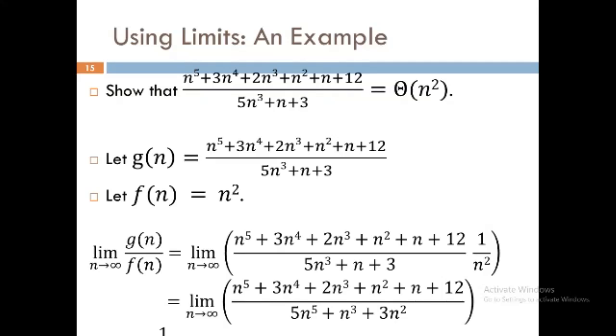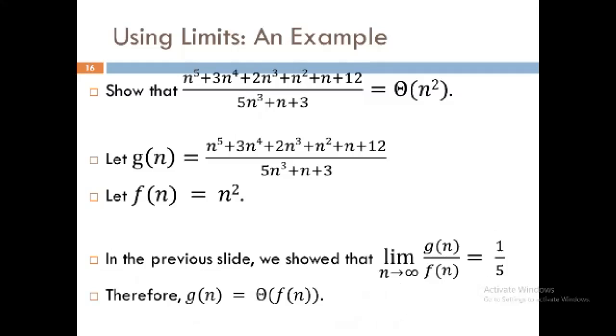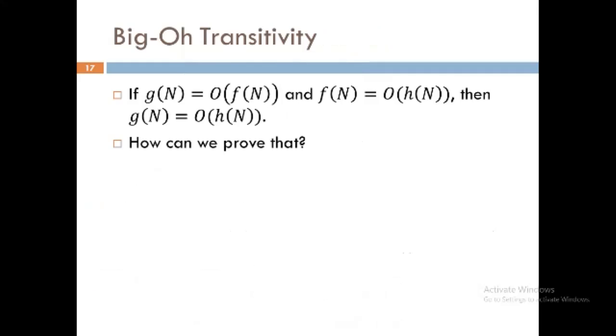Let f of n be equal to n squared. So the limit as n tends to infinity of g of n upon f of n is equal to the limit as n tends to infinity of the whole complete bracket into 1 upon n squared. So it is again the same.